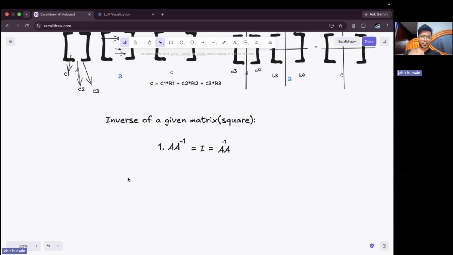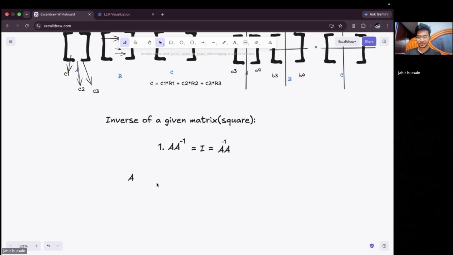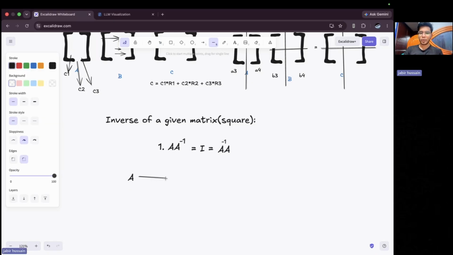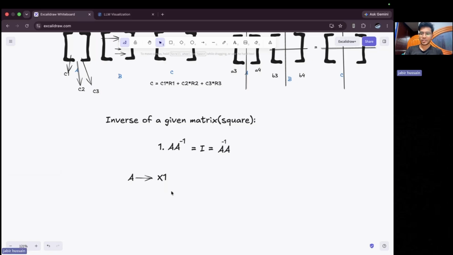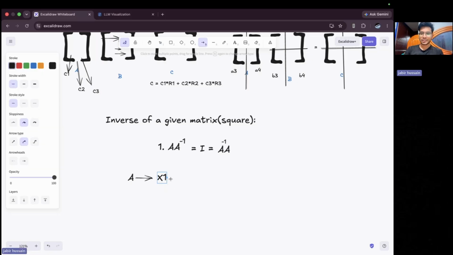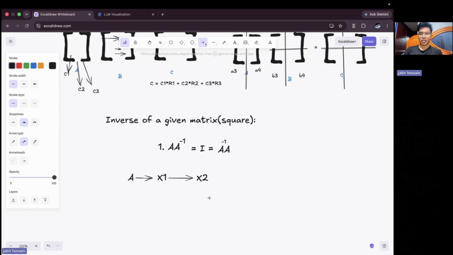So let's take this thing. I have matrix A and I'm doing some operation. Let's say this operation is x1. After that, again I'm doing some operation on the same matrix. Let's say operation x2, and after that again I'm doing an operation x3.